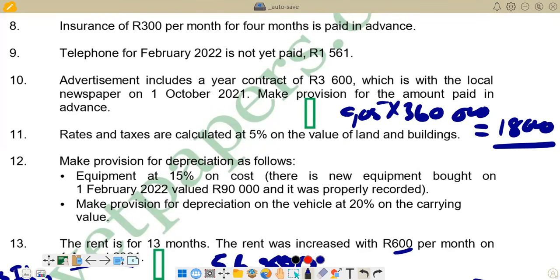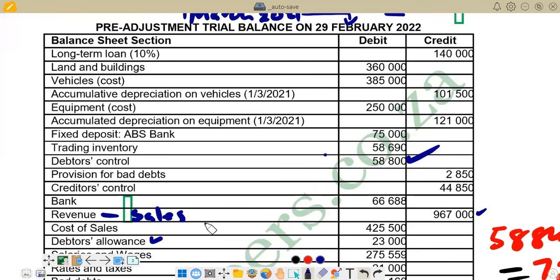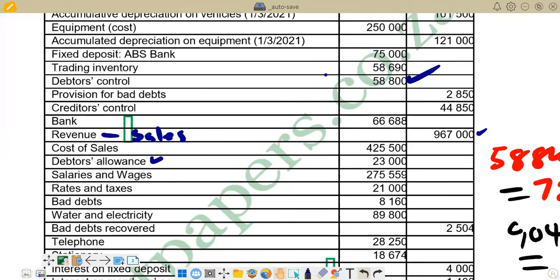Let's check now the amount that was paid for rates and taxes. This one is the amount that was paid, 21,000, which means we paid more. We got 18,000 for the period, but what was paid is more. So there was a prepayment. The amount of prepayment, we are saying 21,000 minus 18,000, which was supposed to be paid.